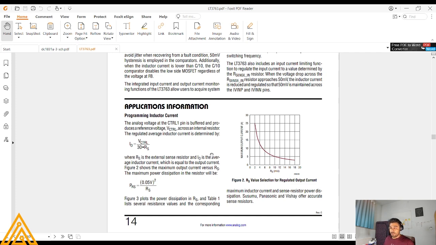Our IC is capable of driving 20 amps to our load. So based on our design, based on what we want, we could choose our series resistor at the output and our control voltage on our control pin in order to drive whatever we want to the load.